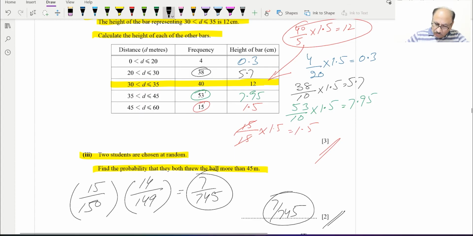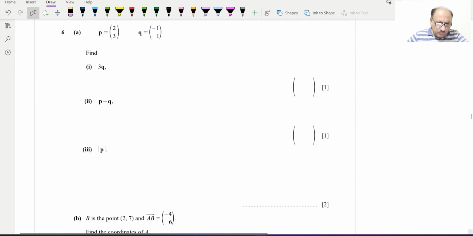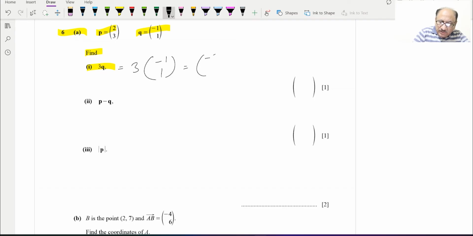Hopefully you understood this. Then we can move to question number 6, which is column vectors. Part a: P is given, Q is given, find 3Q. Simple question. We just multiply Q by 3, and this will be minus 3 and 3, which is our final answer for 1 mark.